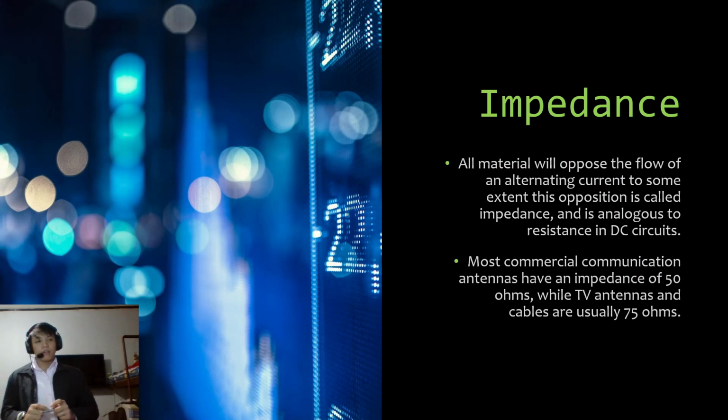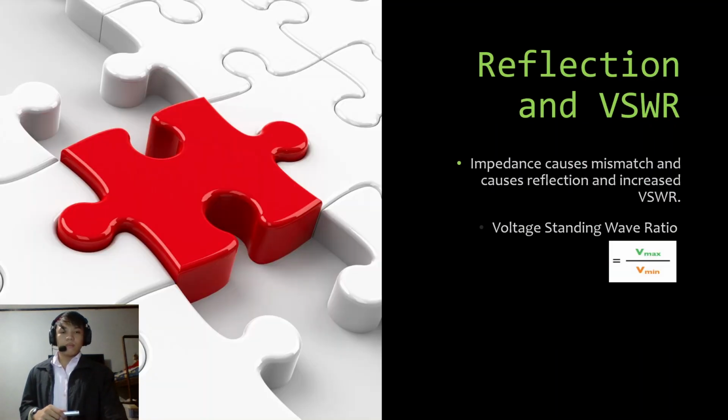All material will oppose the flow of an alternating current. To some extent, this opposition is called impedance. It is analogous to resistance in DC circuits. Most commercial communications antennas have an impedance of 50 ohms, while TV antennas and cables are usually 75 ohms.